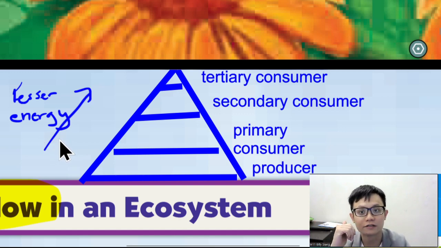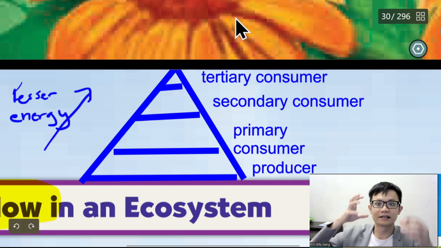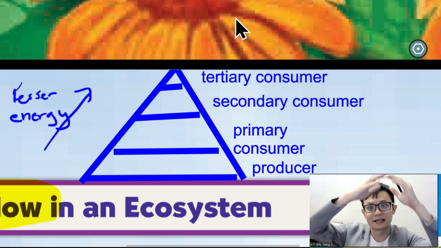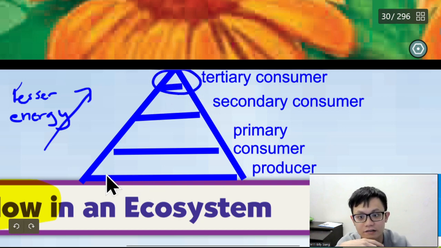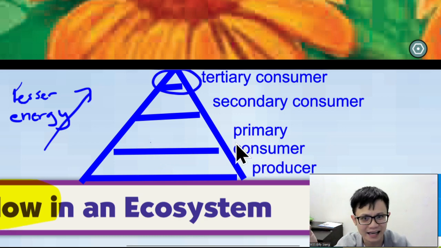All this consumes energy. So as the energy is getting lesser and lesser as you go up, it means up here there will be fewer animals. Compared to here, you can see plants must be more than primary consumers like insect, cow, chicken. Secondary consumer will be maybe like human, or third tier consumer.